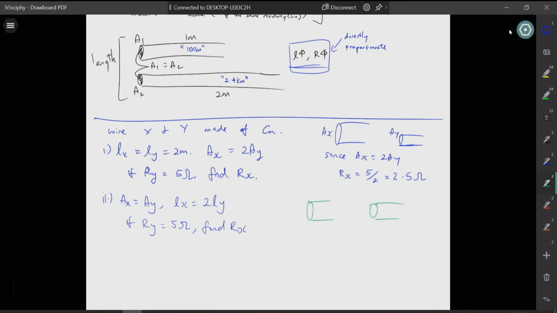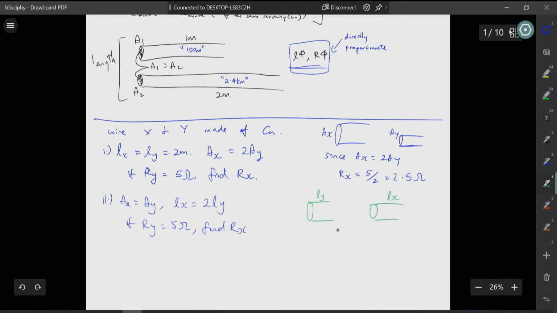So Lx equals 2 of Ly. Maybe this is Ly, and then this will be Lx. Remember that they share a direct proportional relationship. Since Lx equals 2Ly, the factor difference is 2, so Rx will be equal to Ry, which is 5, times 2. So 5 times 2, which is 10 ohm.